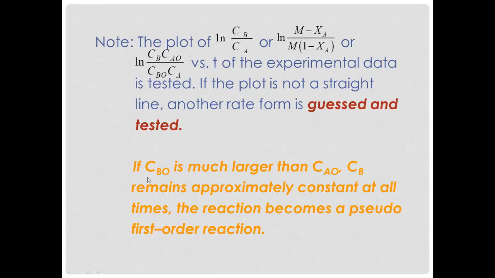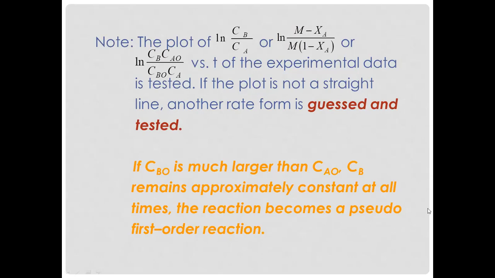Since CBO is very large, no matter how much of CBO reacted with CAO, it's just negligible compared to the original value of CBO. And as such, CB, the concentration of B at any particular time, is a constant. The reaction becomes a pseudo first order reaction. Or it could be that CBO is much larger than CAO, and we say that CA, the concentration of A at any particular time, changes very minimally, and as such, our reaction is pseudo first order.